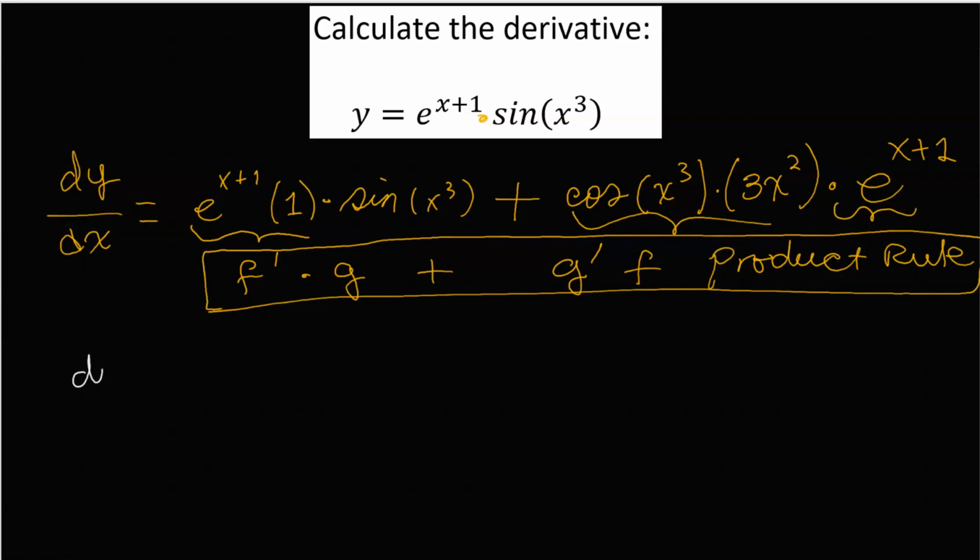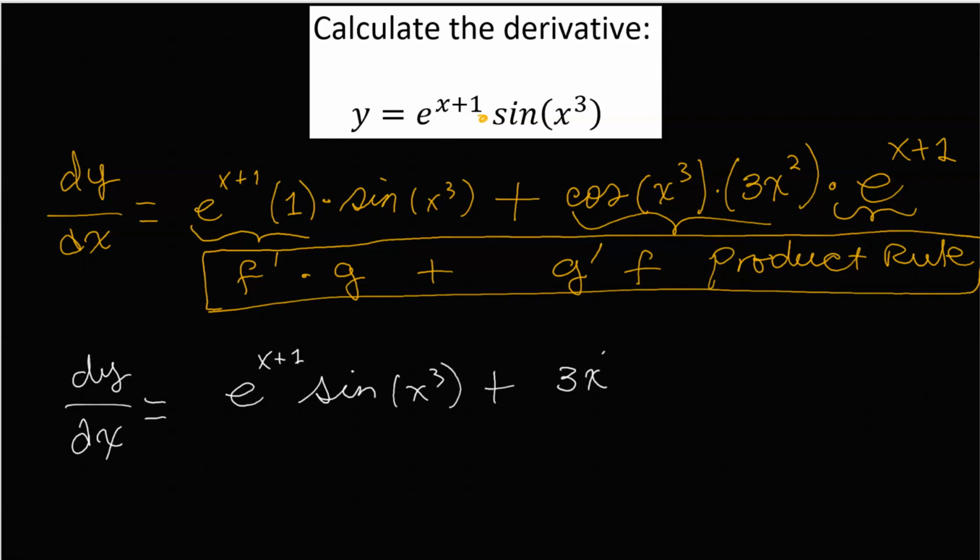You can clean that up and make it look a little bit nicer. So dy dx is equal to e to the x plus 1 multiplied by sine of x to the third, plus 3x squared e to the x plus 1 multiplied by cosine of x to the third.